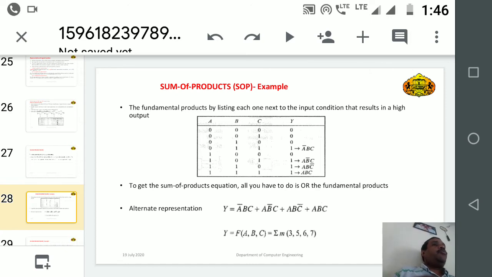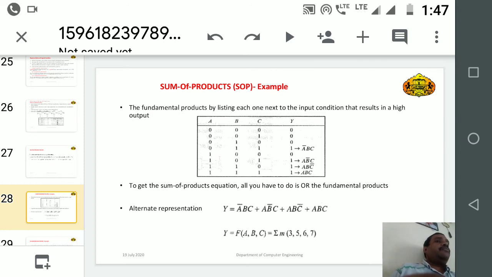Y is the output, but in this table the first output 1 comes when input 3 is present, means only B and C are 1. At that time output Y is present. In this case the input is A bar, B, C. This is the first output.